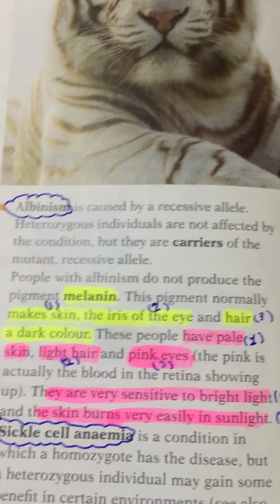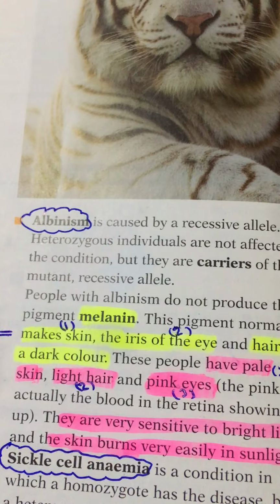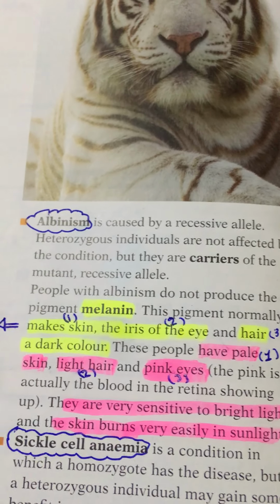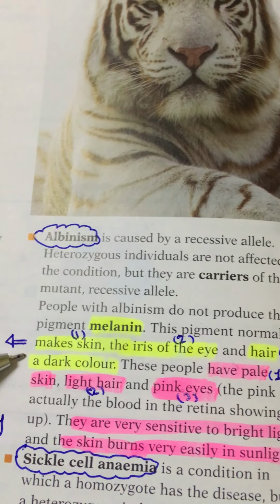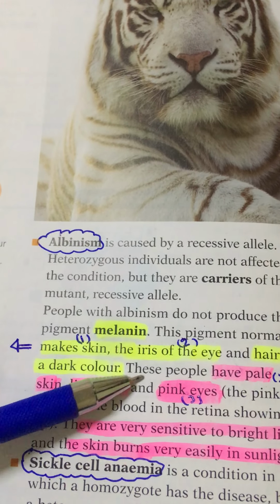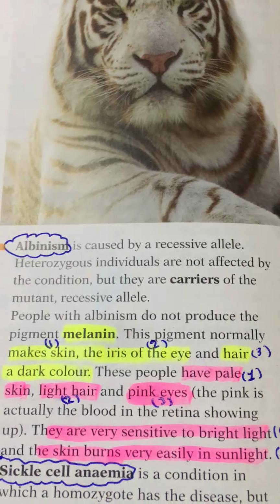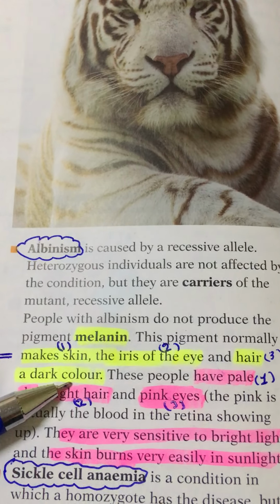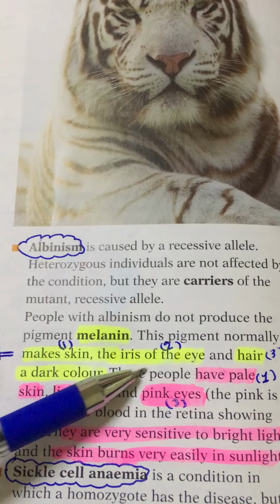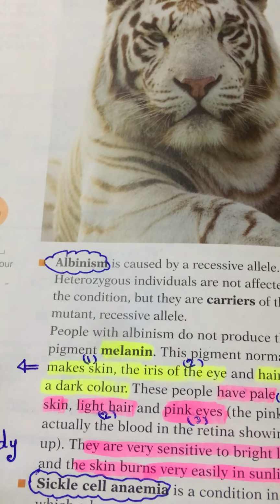We have to know the function of this pigment. It has three functions: it makes the skin, the iris of the eye, and the hair a dark color.